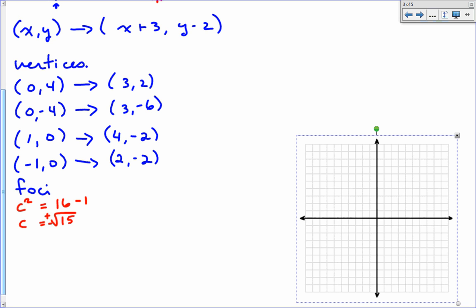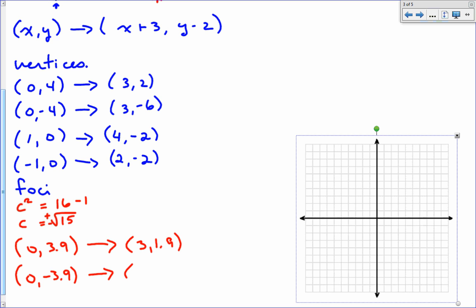So our foci originally would have been (0, 3.9) and (0, negative 3.9). I'm going to use the decimal approximation just because it's easier to graph. Once we apply the mapping rule to those 2 points, we end up with (3, 1.9) and (3, negative 5.9). So now we have the 6 points that will help us to graph and label our ellipse.